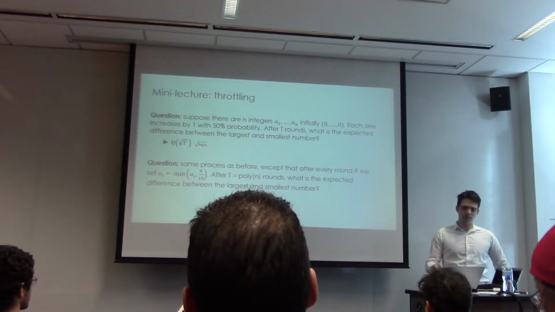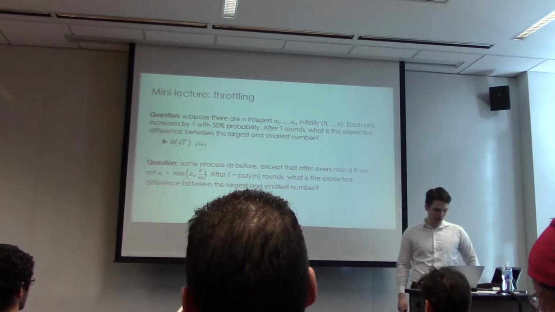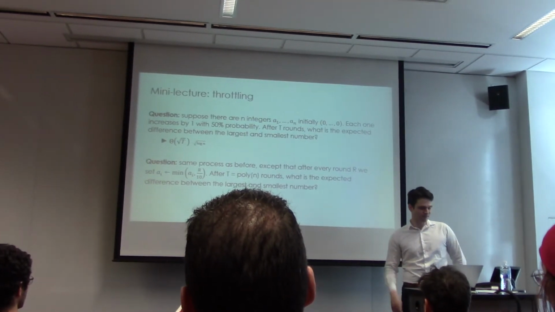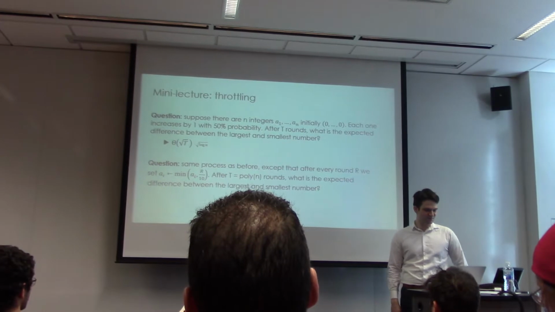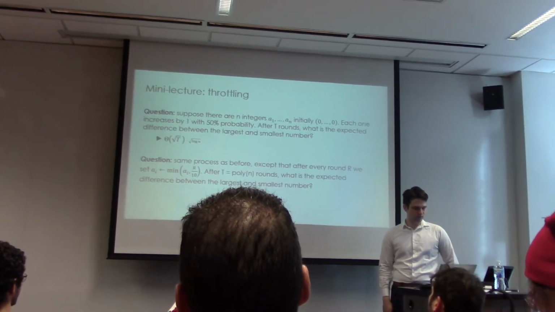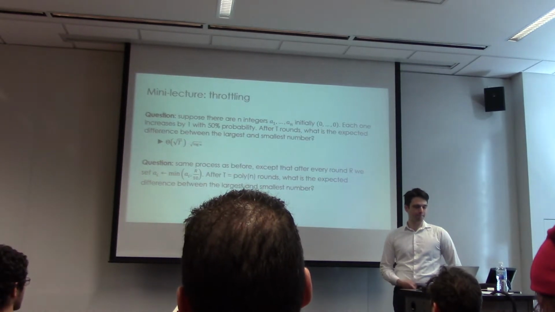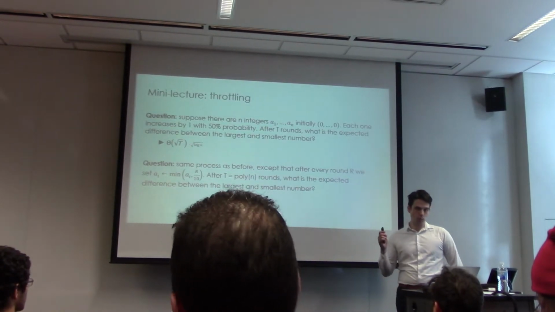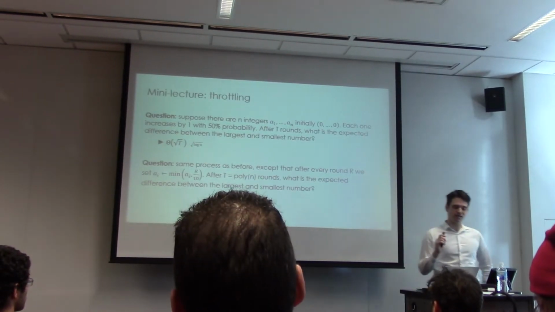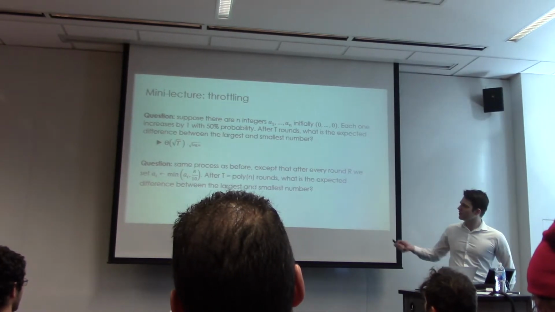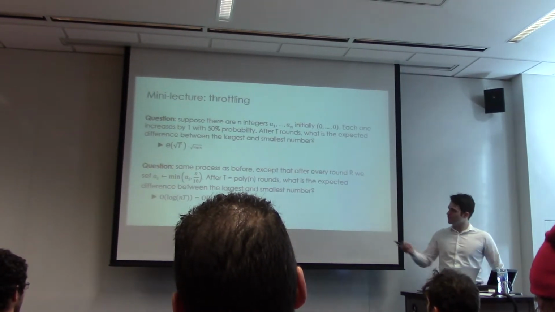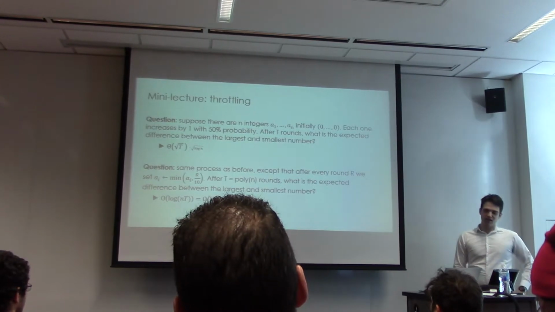I'll just give you some time to think. No need to answer. I'll give you the answer in 10 seconds. Okay. So the number of rounds is polynomial in n, but the discrepancy is log n.